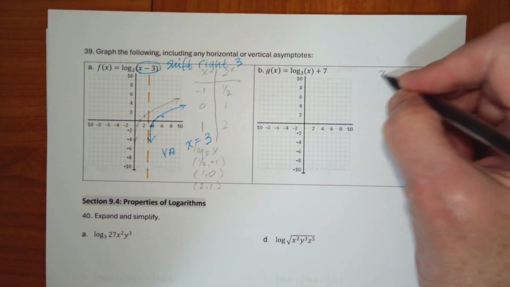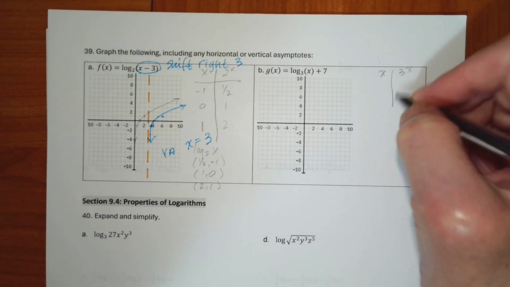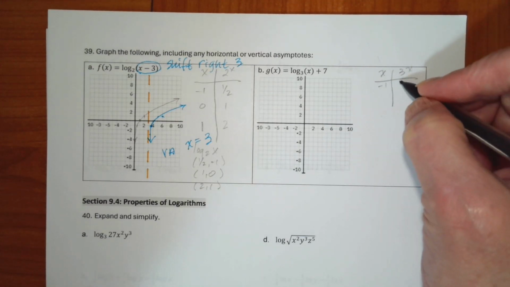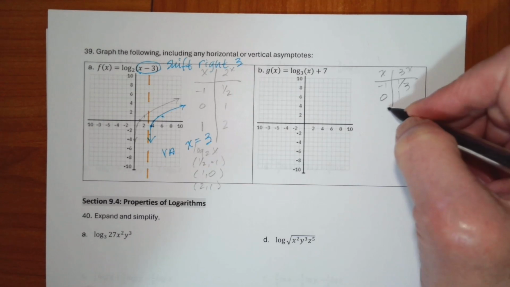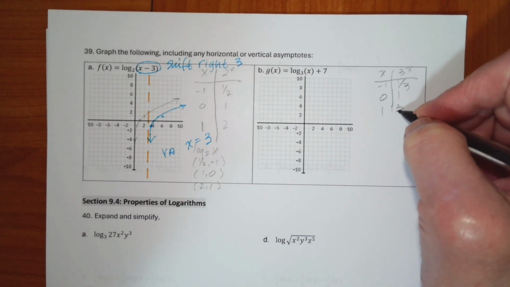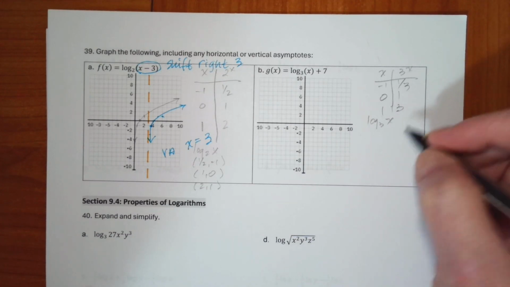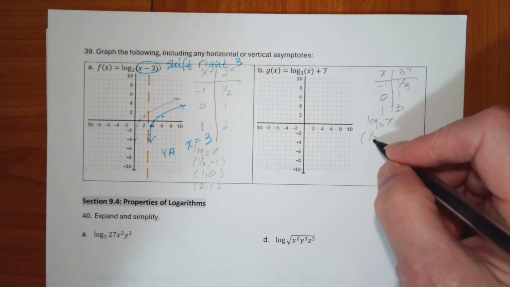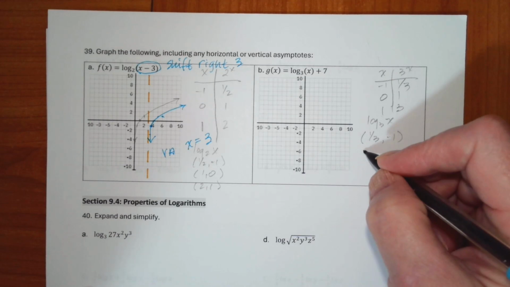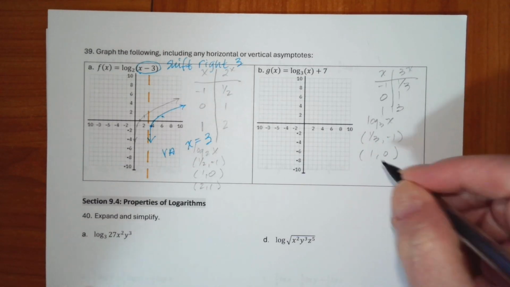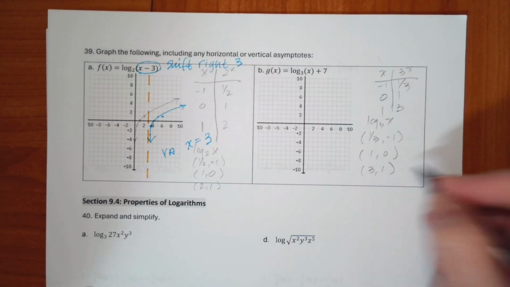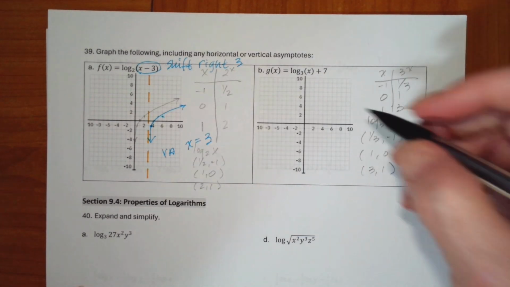Well, I know I have my x and I have my 3 to the x. So negative 1, 1/3, 0, 1, 1, 3. So if I have log base 3 of x, it's going to be 1/3, negative 1, 1, 0, and 3, 1. Okay, so that's my parent function.